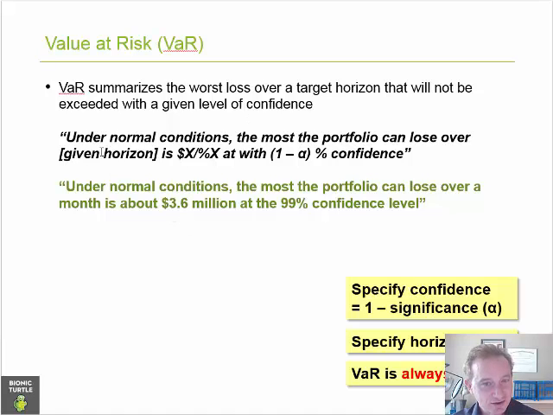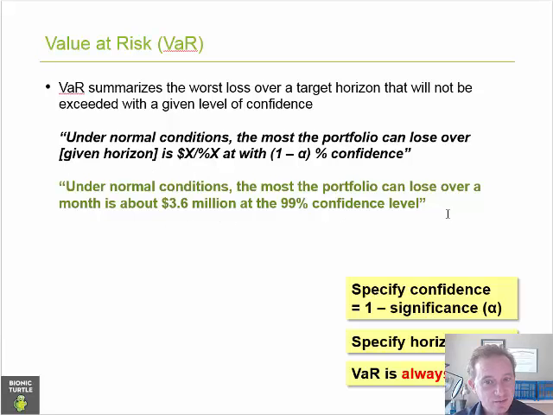VAR summarizes the worst loss over a target horizon that will not be exceeded with a given level of confidence. Even in this introduction, I just wanted to operationalize this for you because you're going to see it again, and not only that, it's highly, highly testable. Here's the generic statement: under normal conditions, the most the portfolio can lose over a given horizon is some dollar or percentage amount at some level of confidence. Here's an example of a VAR statement: under normal conditions, the most the portfolio can lose over a month is about 3.6 million at the 99% confidence level.